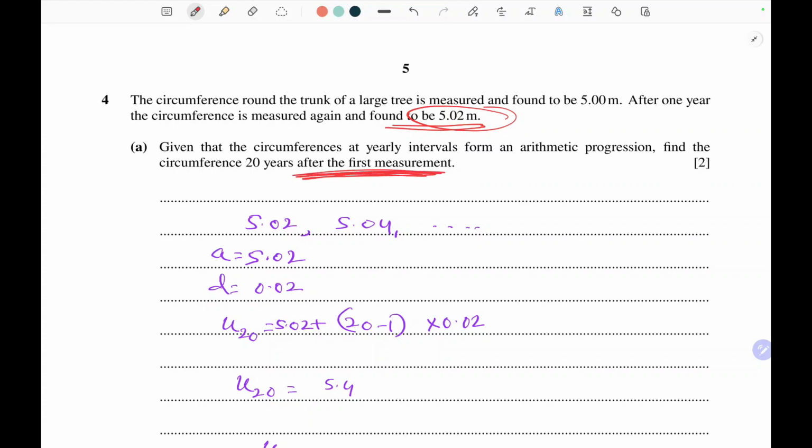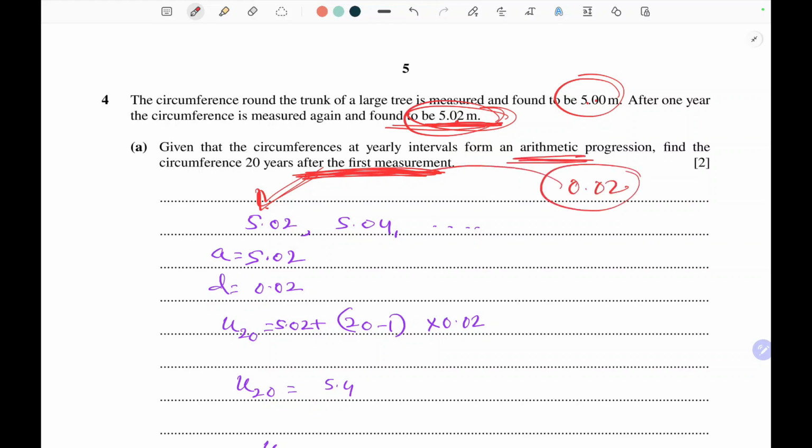This is very important. After the first measurement, it is not starting from the beginning. So after the first measurement, what's the starting value? It's not 5. After the first measurement, it is 5.02.